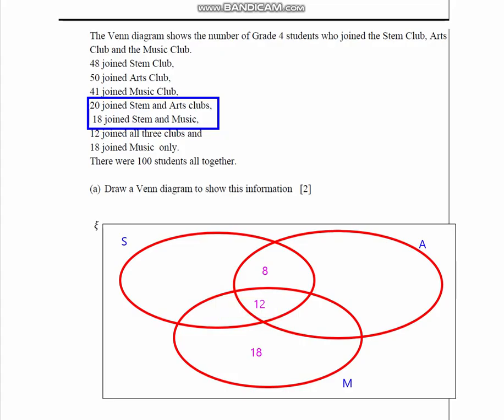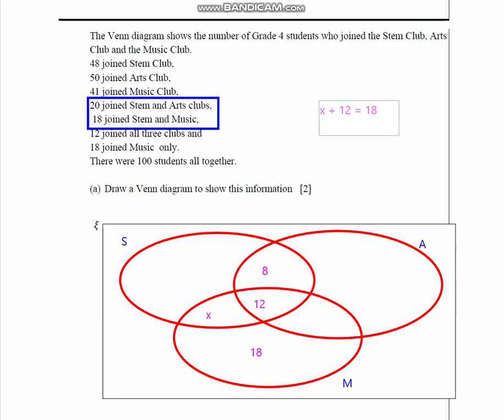So if I put an unknown variable, say x, there, then x plus 12 should give me the total number of students choosing music and STEM. That's 18.